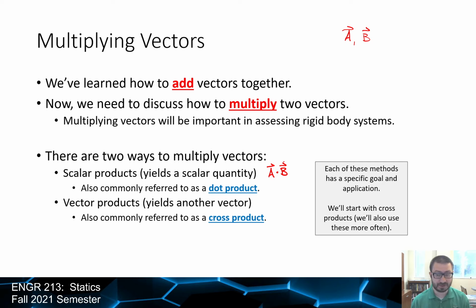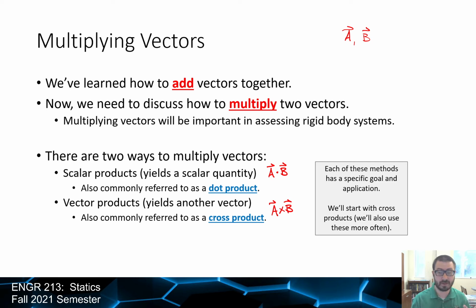But if you want a vector at the end of the day, if you want A multiplied by B to give you another vector, then we represent that with the X multiplication symbol. And so we call that a cross product. In fact, from here on out, I won't refer to them as scalar products and vector products. I'll call them dot products and cross products.